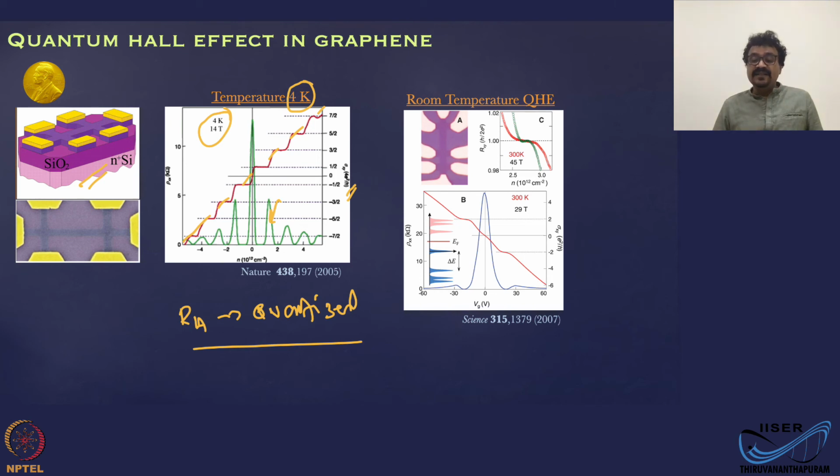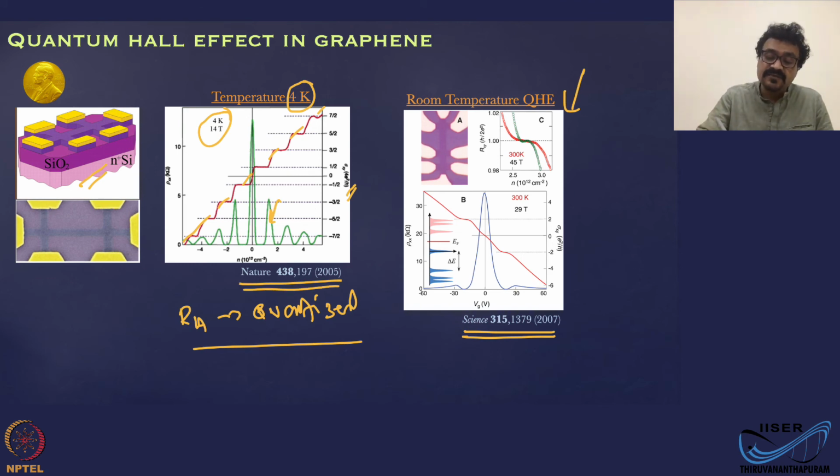And surprisingly, this effect was observed even at room temperature. Okay. You can find more details about these in these two papers. And I would say that it's probably a third Nobel Prize, though it's not directly for quantum Hall effect, but the feature that is demonstrated in this experiment is the quantum Hall effect.